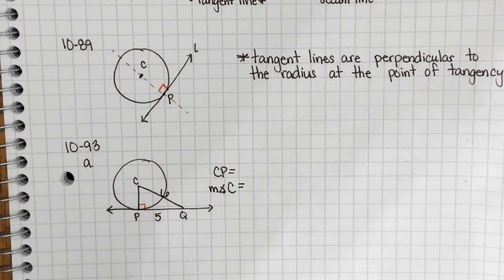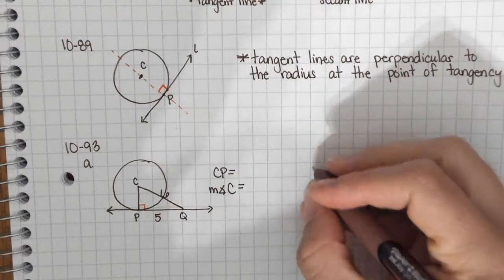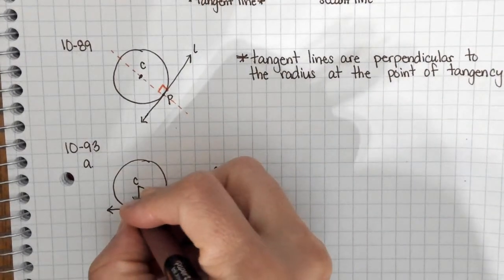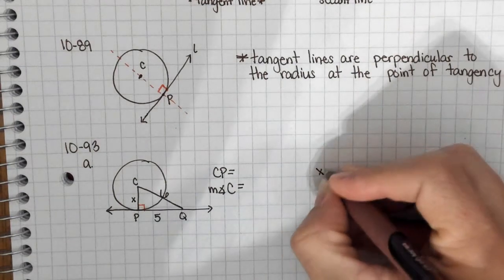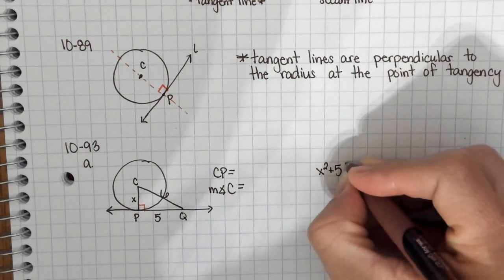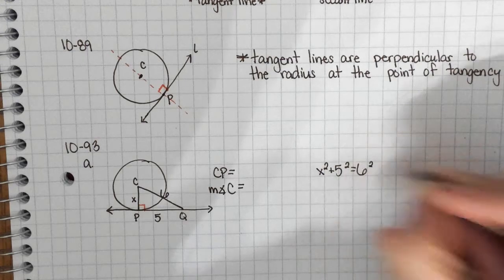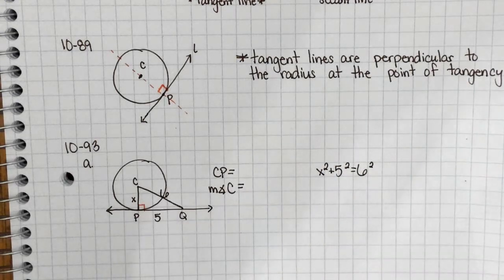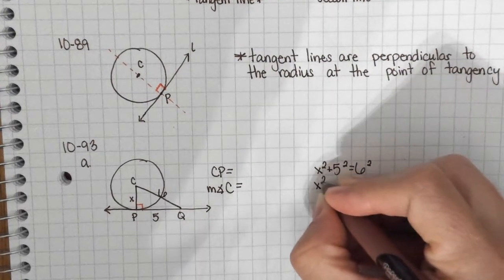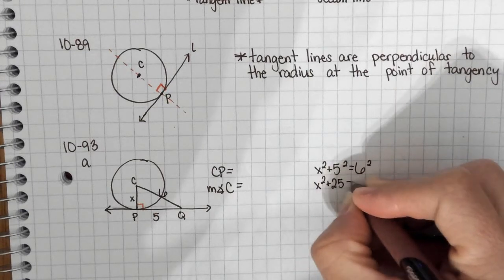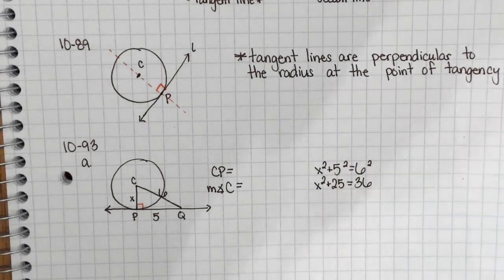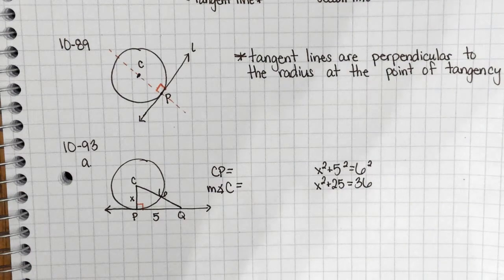Well, to find CP, we do the Pythagorean theorem. I'm just going to call it x. X squared plus 5 squared equals 6 squared. 6 would be the hypotenuse here. So x squared plus 25 equals 36.